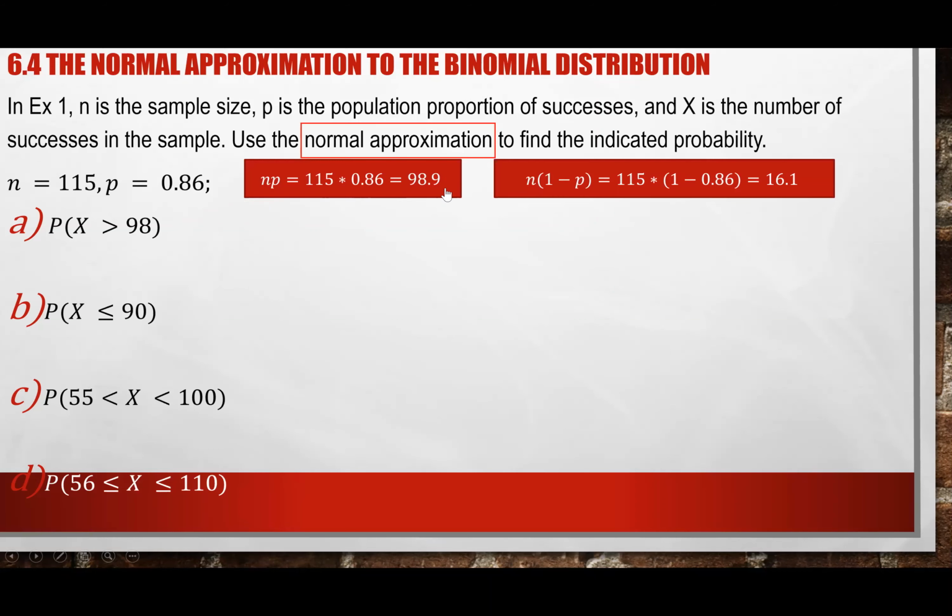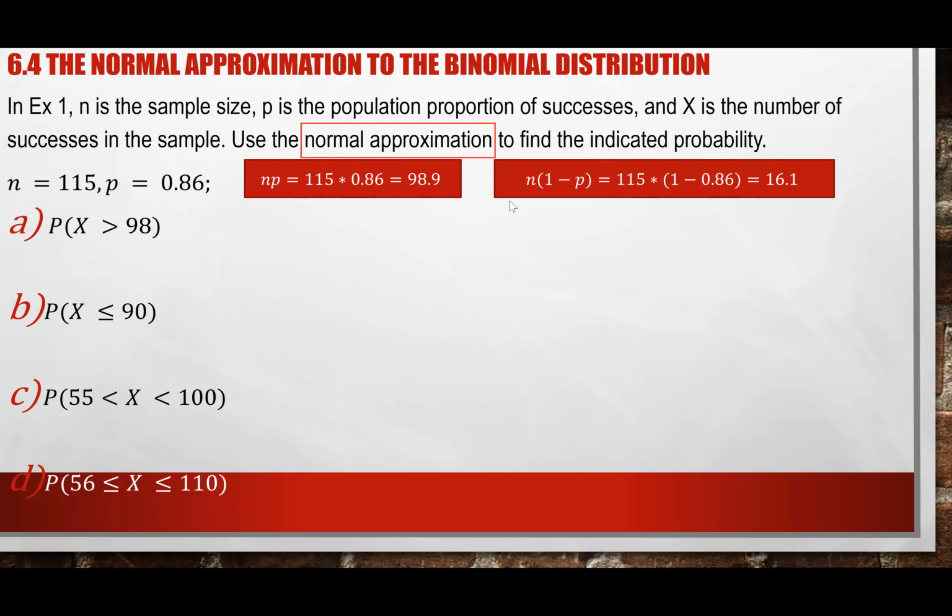And n times 1 minus p, which is 115 times 1 minus 0.86, which is 16.1, I'm good to go. So we have a green light. We can use the normal to approximate this item.